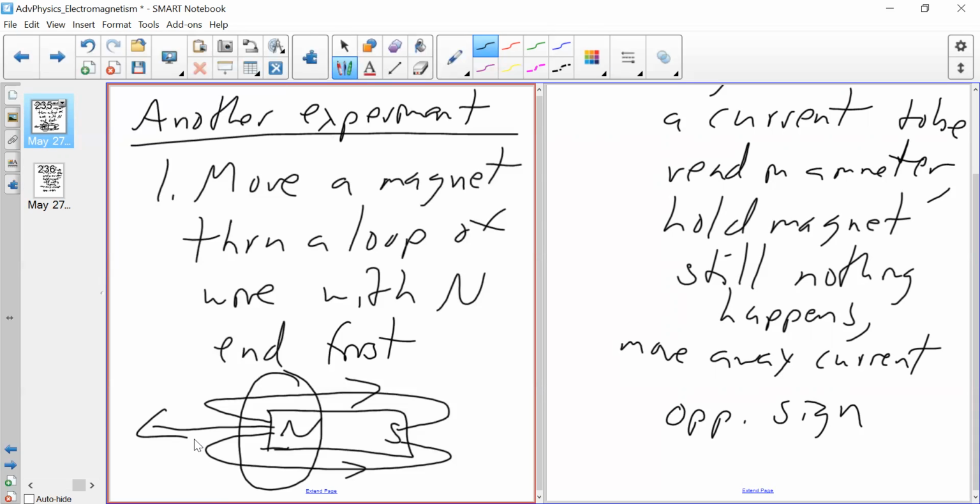Our fingers are naturally curling up and then down, so the direction of the current in this case will be this way, up and over. Now move it away, the current just switches direction. Same value for the amount of field. It's going to fluctuate as the field increases or decreases.